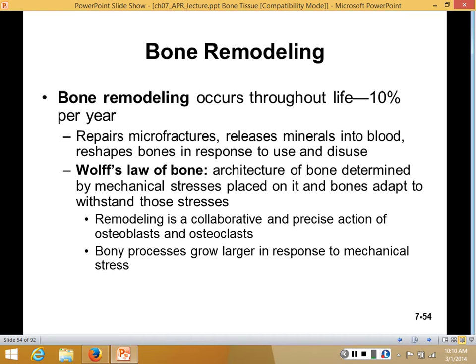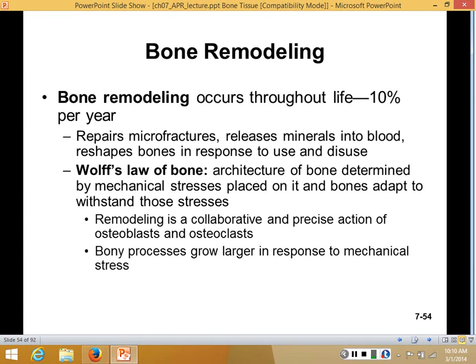Spongy bone in us gets replaced about 2 or 3 times a year. Compact bone, the hard part, never changes, we don't replace it 2 to 3 times a year, probably at all. But we do replace the spongy bone 2 to 3 times a year. That's called bone remodeling. 10% occurs throughout life, 10% per year.